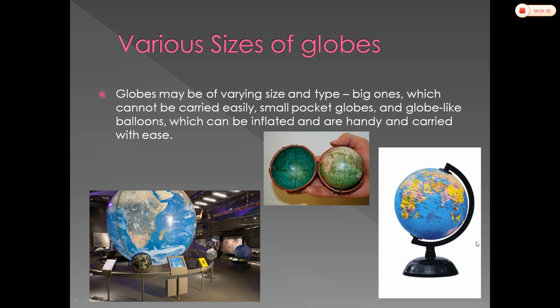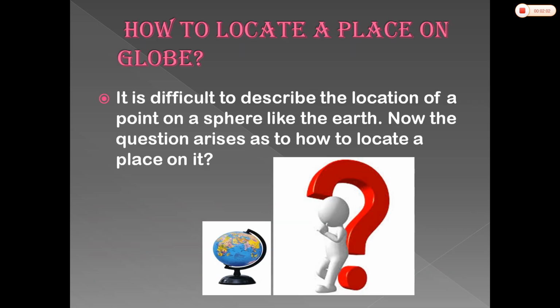And this kind of globes, as you can see, the third globe here in this slide, you would have seen. And there are some globes which are like balloons, which can be inflated and are handy and carried with ease. So there are various types of globes found in the market.